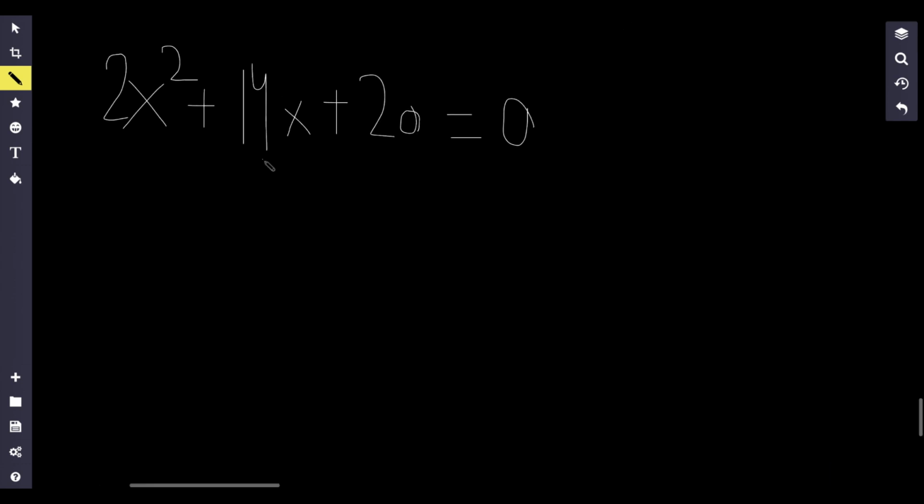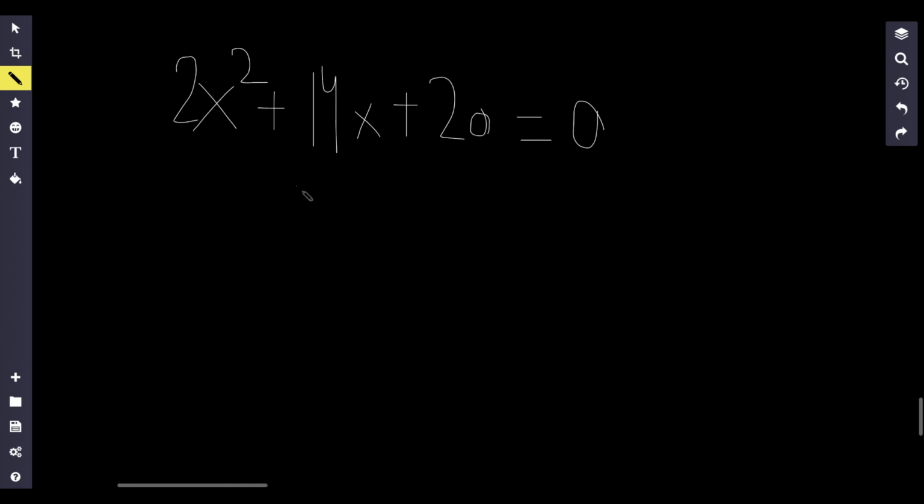Quadratic equations. So in this case, you can use the quadratic formula, but why am I making your life hard? So what I'm going to do is first, I notice that all of these terms have a 2. So I can factor out a 2 from everything. What do I mean by factoring out a 2? Well, I'm basically doing the reverse distributive property. If I take out a 2 from 2x squared, I'm just going to be left with x squared.